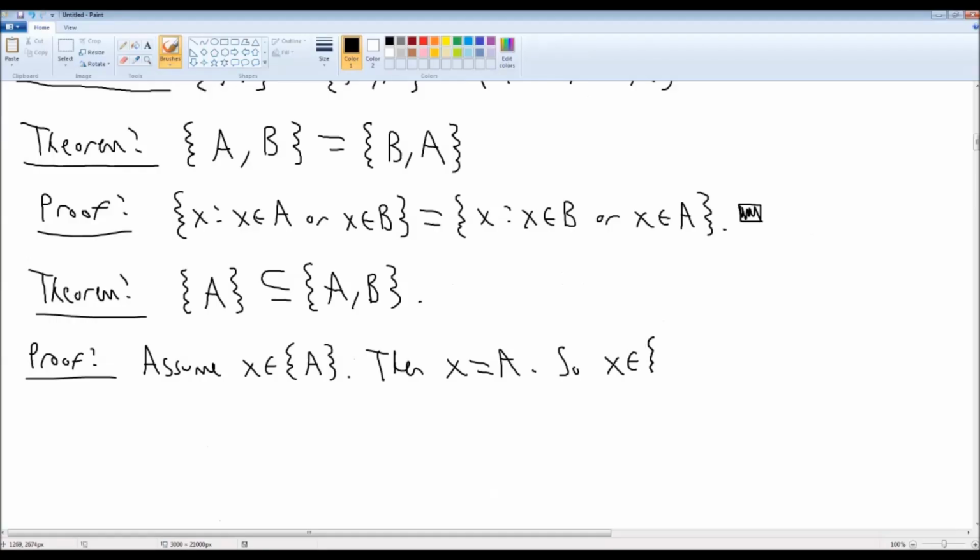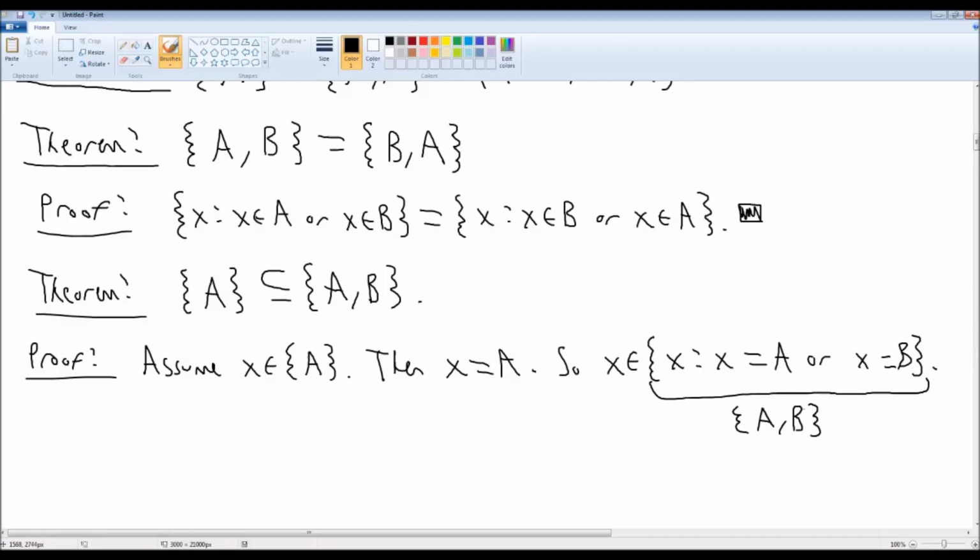So that means X is in this set, the set of things equal to A or equal to B, right? And what is this set right here? It's just A comma B in our alternative notation. So QED, baby.